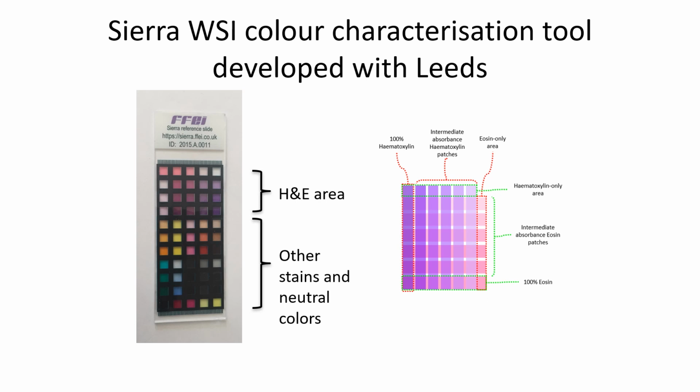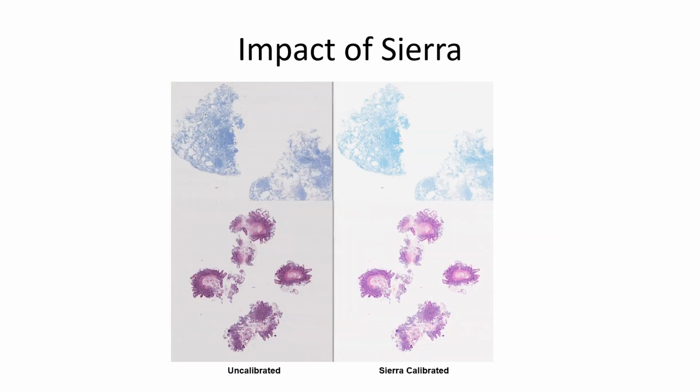You can see the image on the left is the Sierra slide, is its name. You can see on Sierra it covers the full range of stain possibilities. Importantly, these are real stains, so they get around some of the challenges of colour and how it is perceived in different lights, because it is genuinely stained tissue, biopolymer.